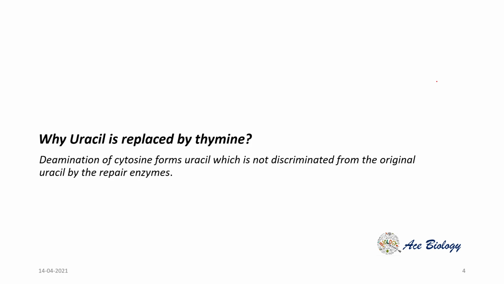So what happens in these repair mechanisms? There will be certain enzymes. By chance, in some cases if the cytosine gets deaminated, then it will convert into uracil. Now this repair enzyme that checks whether the DNA replication is being carried out in a proper manner or not won't be able to discriminate between the original uracil that is already present and the uracil that was formed due to the deamination of cytosine.